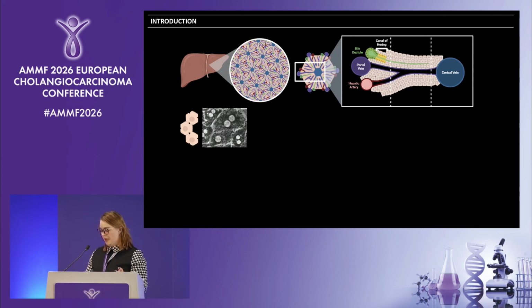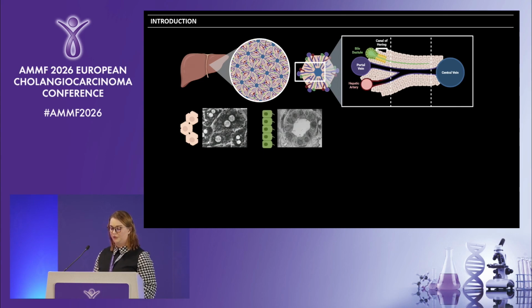And alongside these hepatocytes, you've got the bile ductules, which are made up of the biliary epithelial cells, which you've heard a lot about in the last 3 days. So these are responsible for the collection and modification of the bile, which is produced by the hepatocytes, and helped to drain it out of the liver.